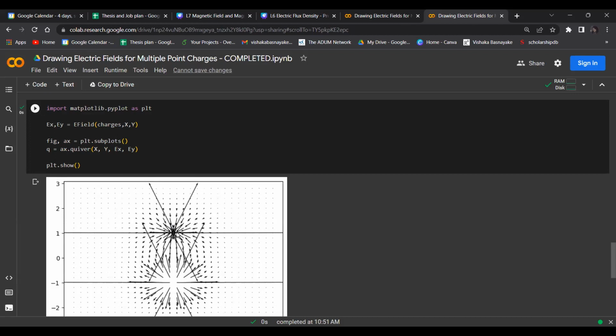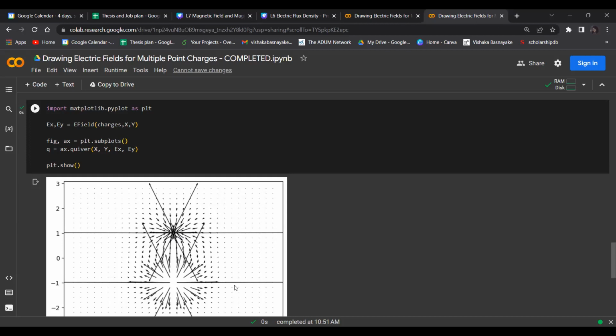And since the top charge is a negative charge, the electric field ends at that charge. Because of that, the overall electric field distribution is shown to start from the positive charge and end in the negative charge, right?